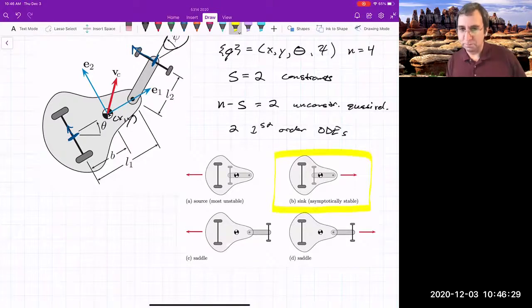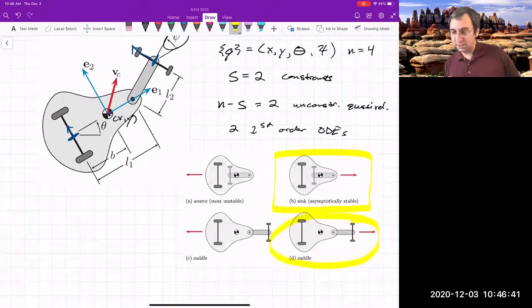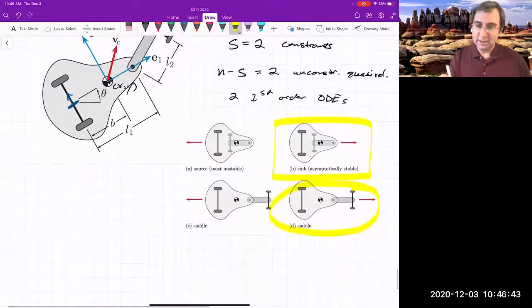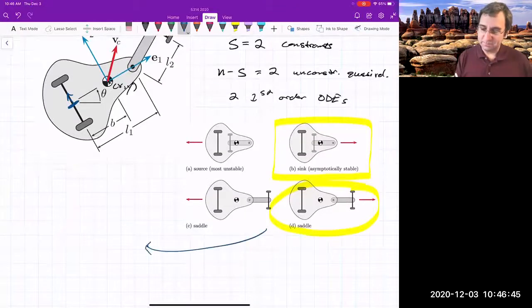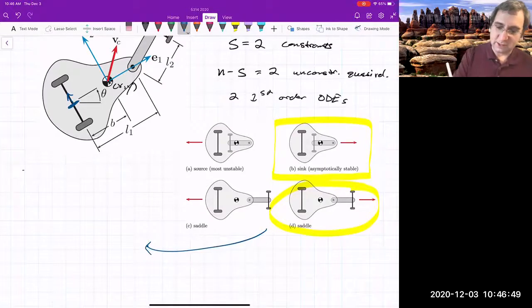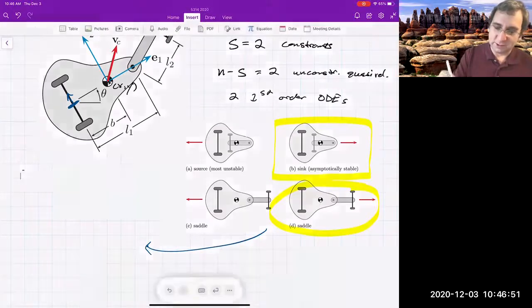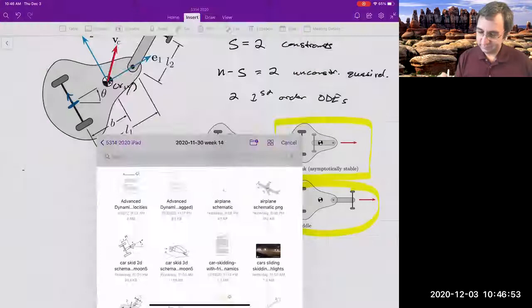The others are unstable. If you think of a truck hauling goods across the United States or anywhere, it's this situation, which is unstable. It's not the most unstable, but it's unstable. And this leads to jackknifing. I don't know if you've heard of jackknifing, but that's when a truck goes like this.